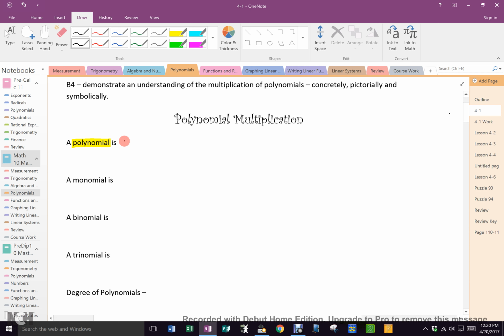So a polynomial is any combo of variables, which I'm going to highlight because that's one part of it, coefficients, which I'm going to highlight because that's the second part of it, and or constants, which I'm going to highlight because that's the third part of it.